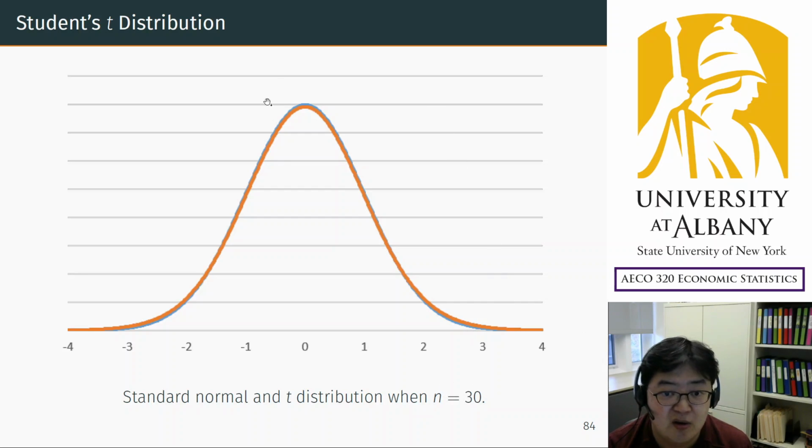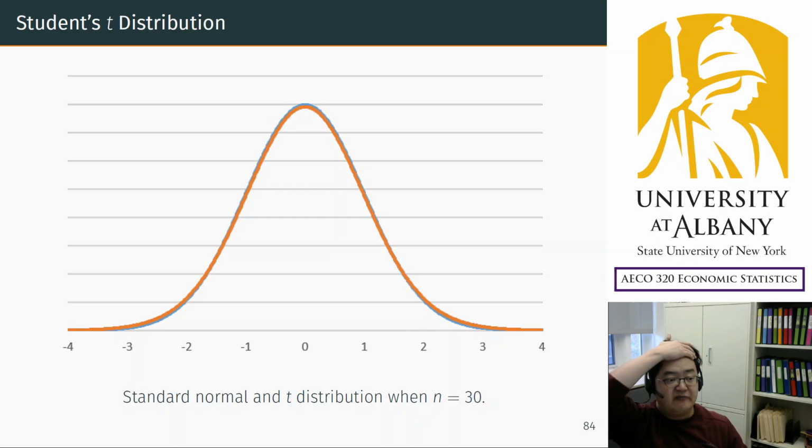As you can see, that's why we don't need the Student t distribution. You can approximate the same thing with the standard normal. So that's why I do not even mention the Student t distribution at all. In case you wonder why I'm not using the Student t distribution table, this is the answer. You don't need it. We can just approximate it by the standard normal distribution.